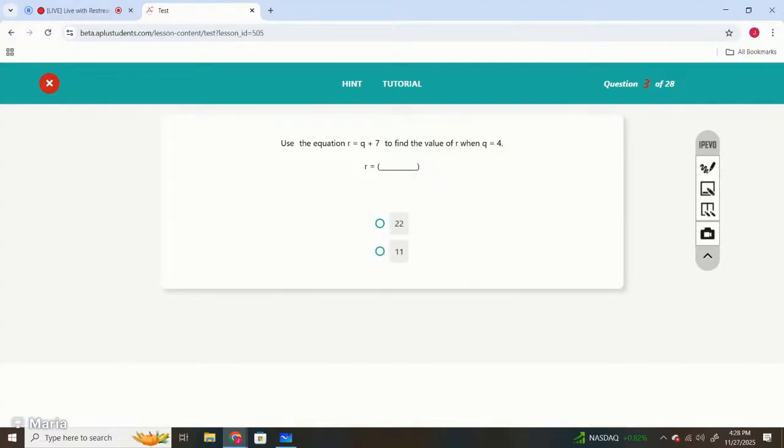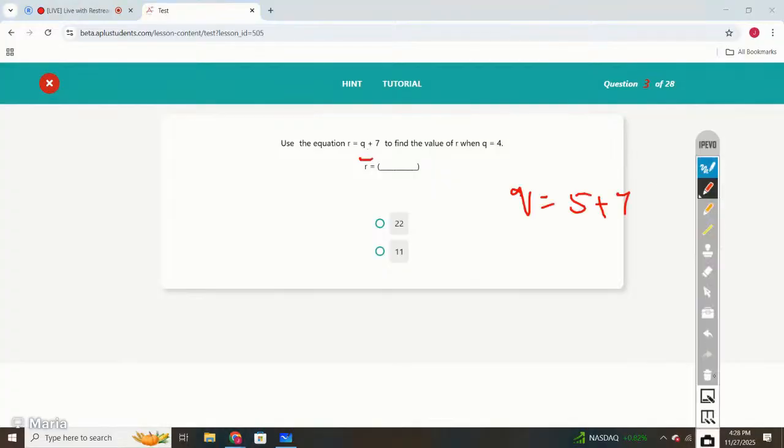Use the equation r equals q plus 7 to find the value of r when q equals 4. Replace the variable q with the value 4. R is equal to 4 plus 7.